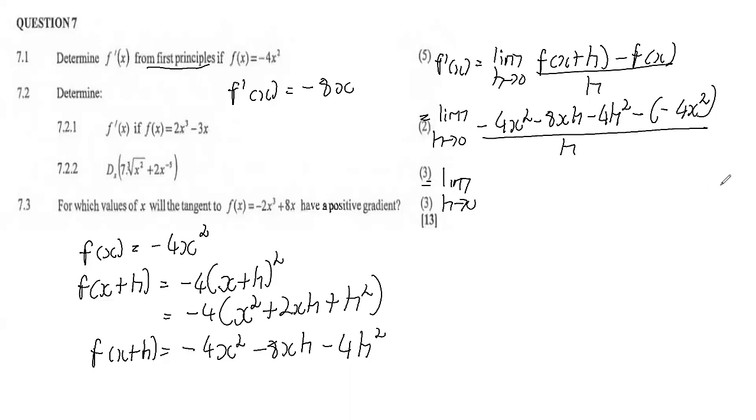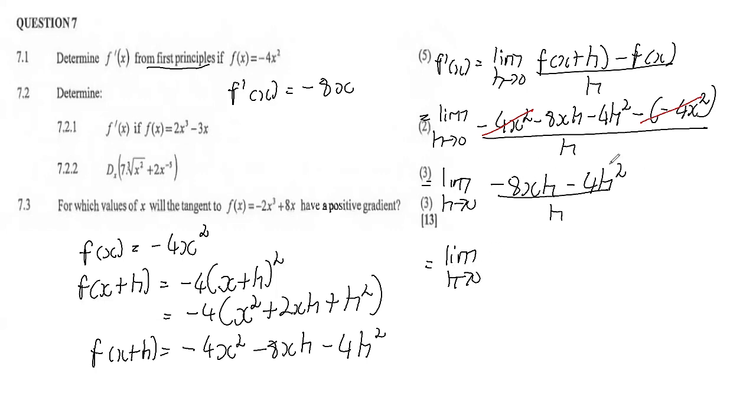Now at this point, we know that the negative 4x squared here will cancel out with the negative 4x squared, because after we say negative times negative, this will be a positive. Because they have different signs, they end up cancelling each other out. Then we are left with negative 8xh minus 4h squared, over h, right? At this point, again, limit as h approaches 0.